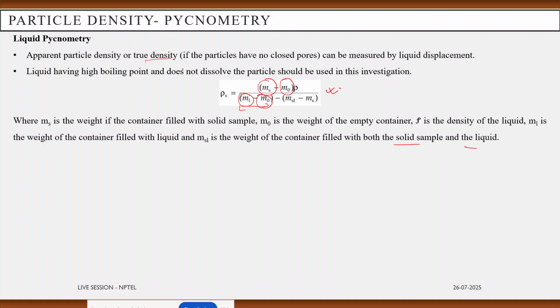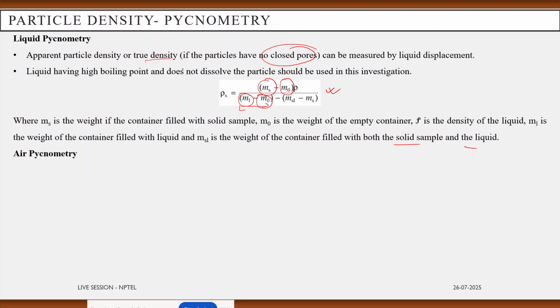By this equation, we will be able to calculate the apparent particle density or the true density, based upon the condition of your sample, that is, whether you are considering the closed pore condition or not.